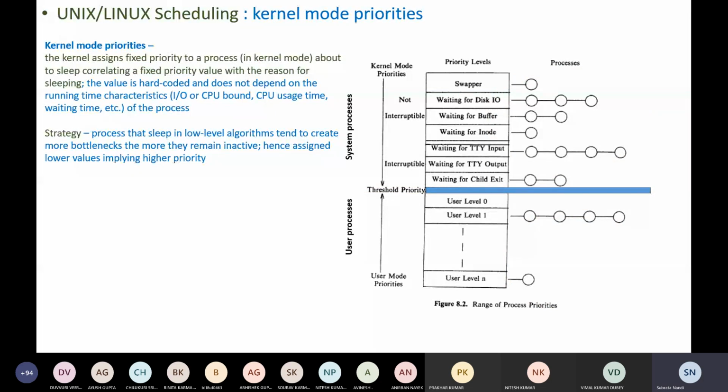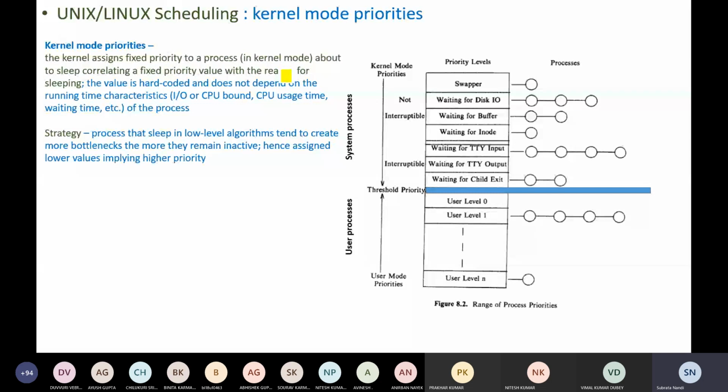While assigning kernel mode priorities, the kernel assigns fixed priorities to processes. This needs to happen, for example, when a user process makes a system call.